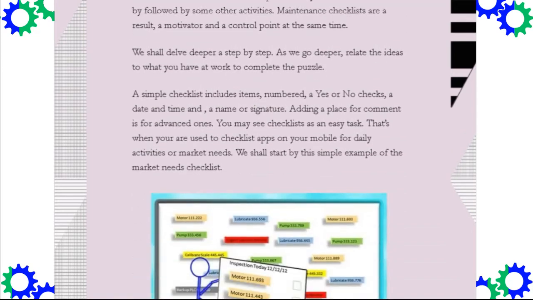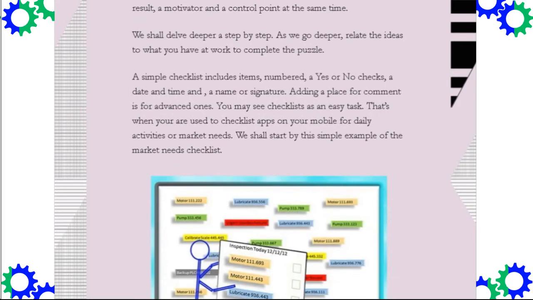Okay. A simple checklist should include some items. It should be named also. We should make a representing name for the checklist. For example, checklist of the motors in the kiln, checklist of the motors in the hydraulic room, checklist of the transformer rooms, checklist of the hydraulic system, checklist of the field equipment, checklist of whatever.